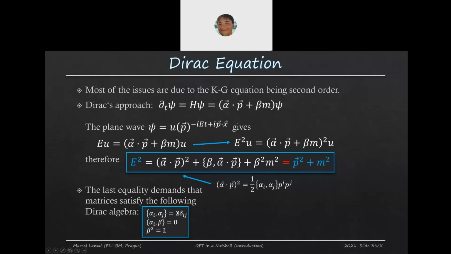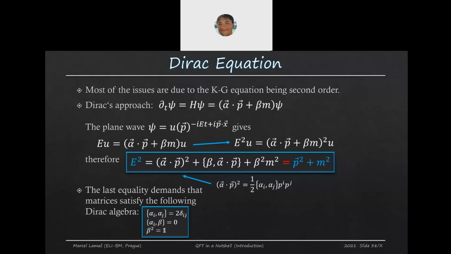The elements that satisfy these conditions are said to be elements of what is known as the Dirac algebra.